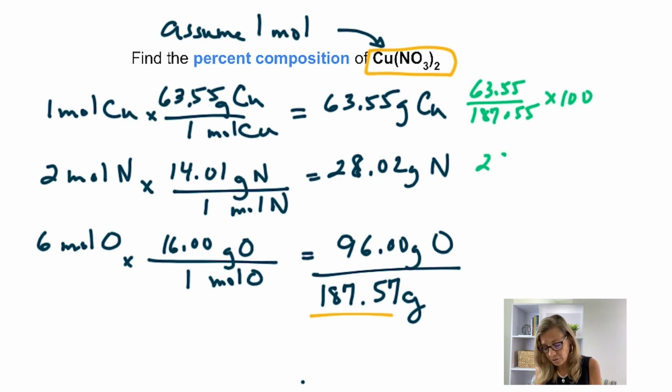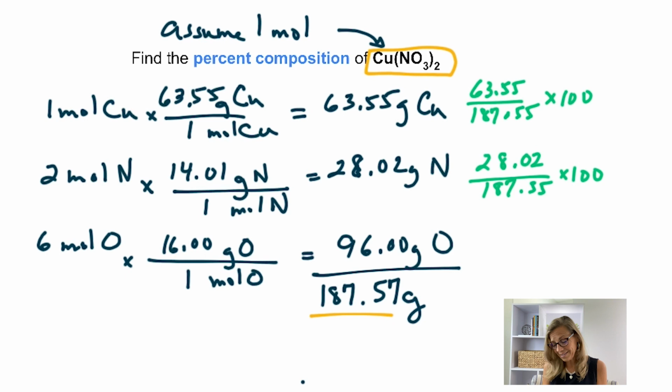Okay, for the nitrogen, take the part that is nitrogen, divide by the total, times 100. Last one, the part that is oxygen divided by the total times 100.